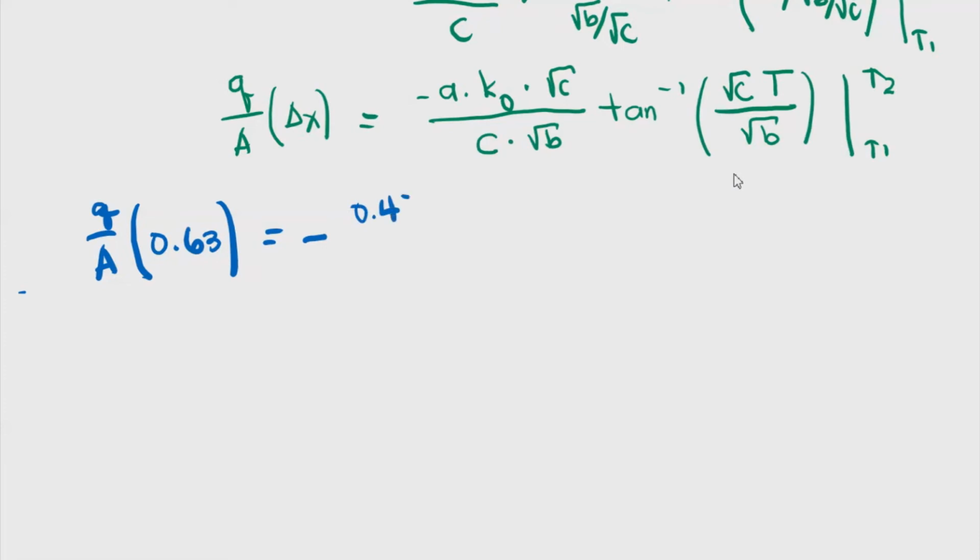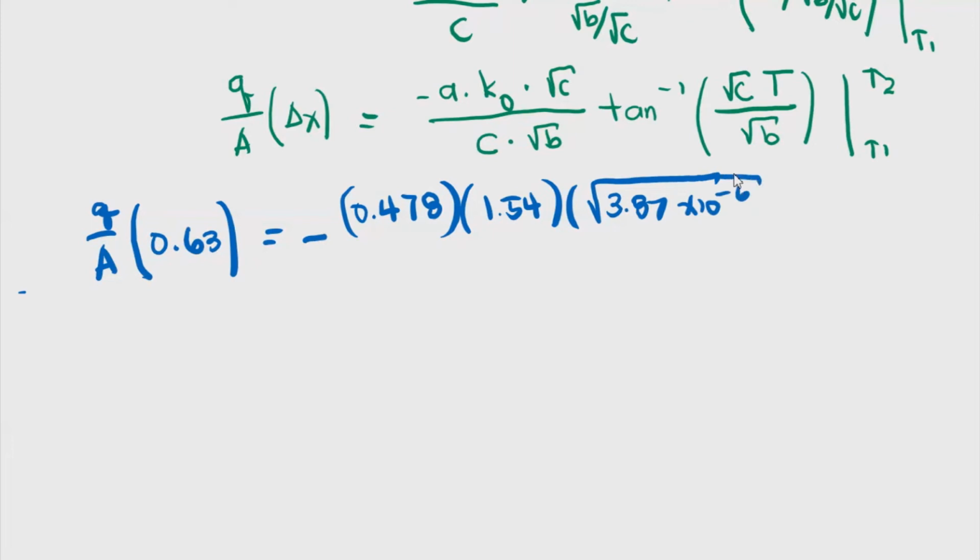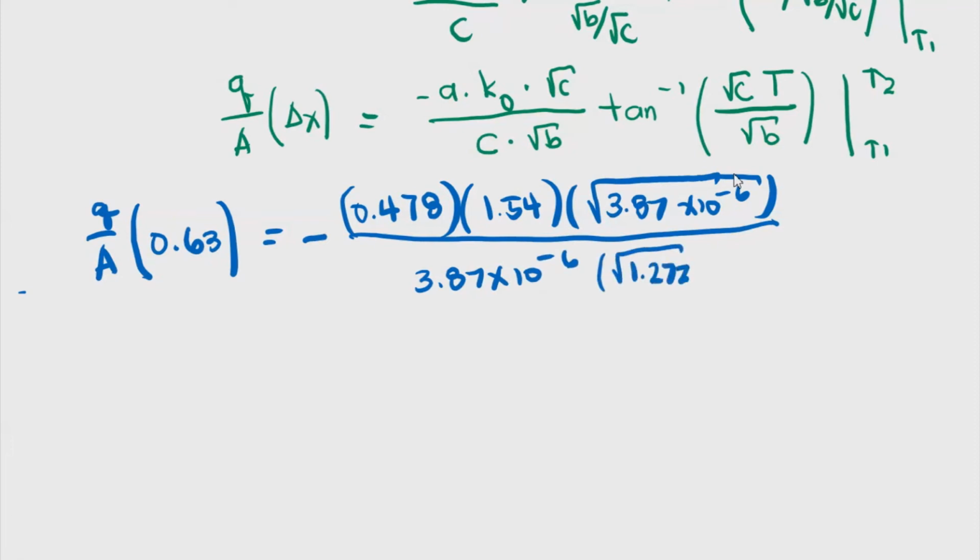So, 0.478, and then multiplied with our k sub o, 1.54, and then square root of c. So, we have the square root of 3.87 times 10 to the negative 6, and then divided by c, which is 3.87 times 10 to the negative 6. Then this is multiplied with the square root of 1.272.